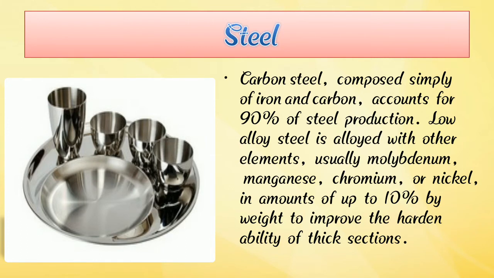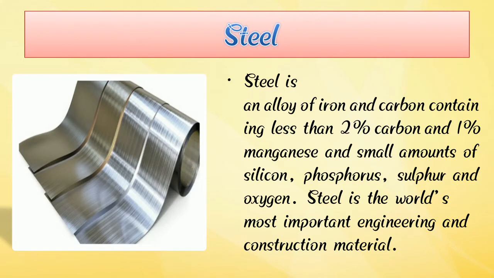Or a nickel. Here we also find a photograph of steel. Steel is an alloy of iron and carbon containing less than 2% carbon and 1% manganese, and a small amount of silicon, phosphorus, sulfur and oxygen.